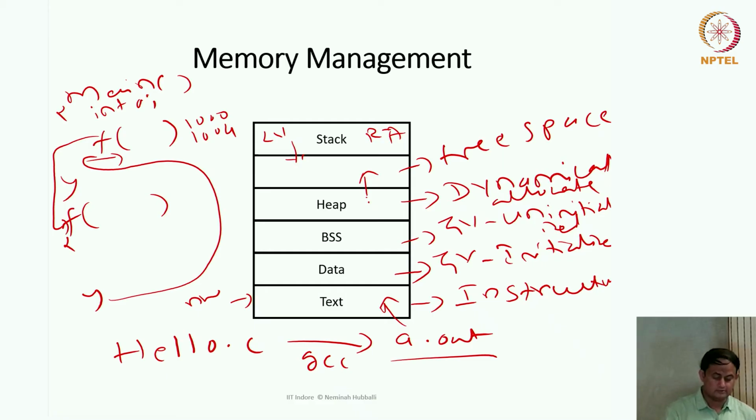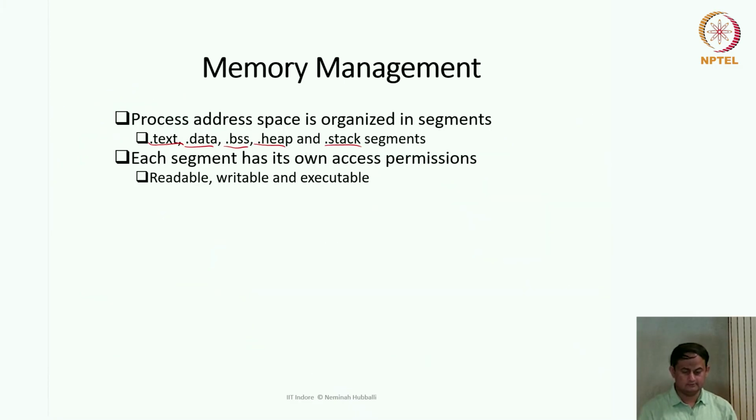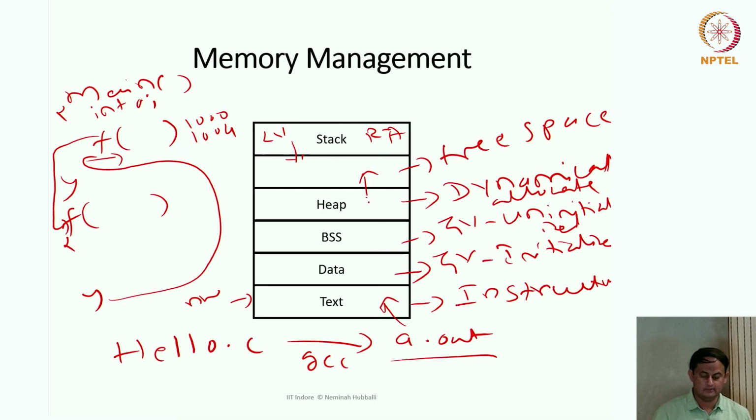So where are the instructions? Instructions are in the .text section. So it makes sense to mark this as the executable section, because the instructions you need to fetch and execute. That is one thing. The second level of protection is actually given by the operating system by marking these various sections as readable, writable, and executable.